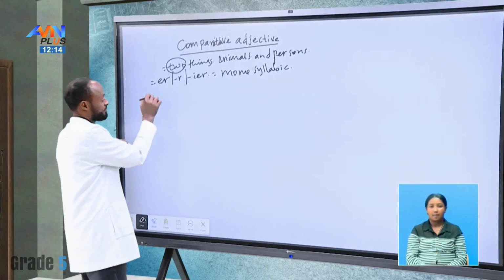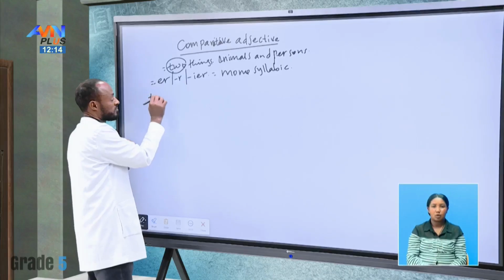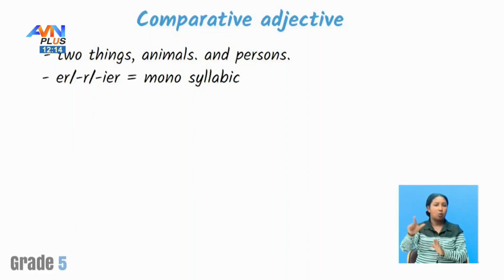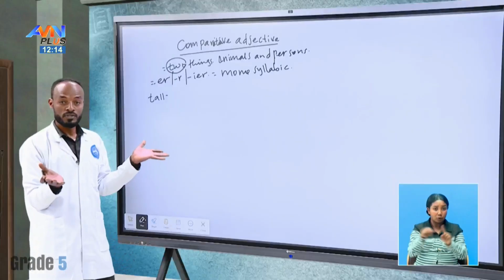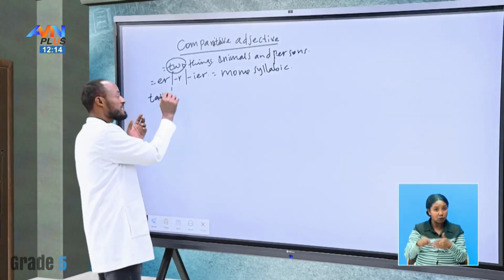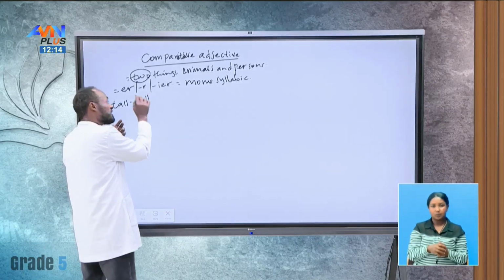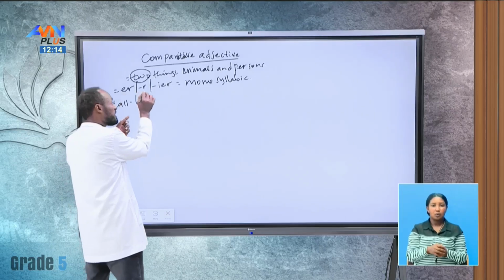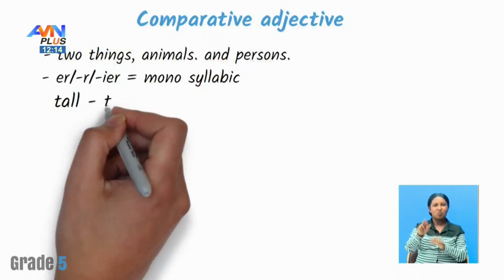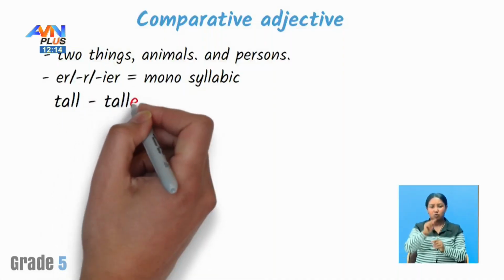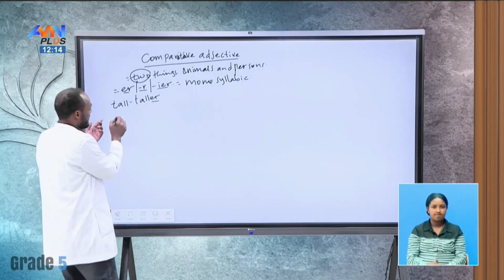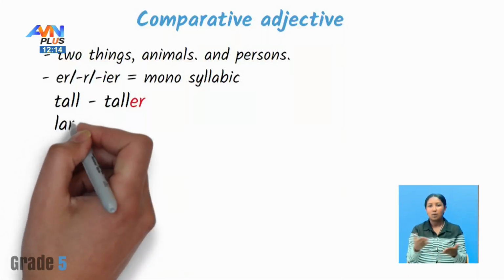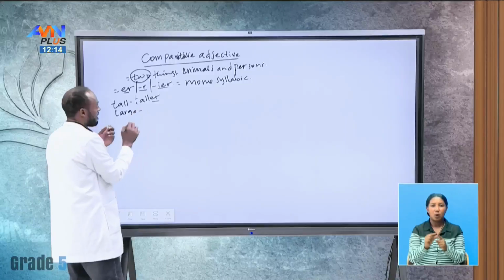Here is an example. Tall. As we said so far, tall is the positive degree. So we can say taller. Which one is that? Taller. ER. What about the word ending in E?